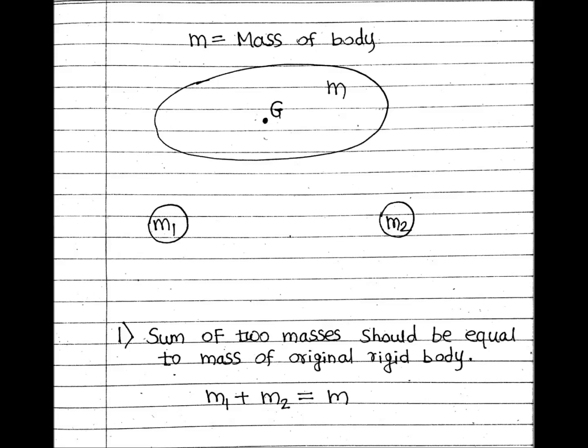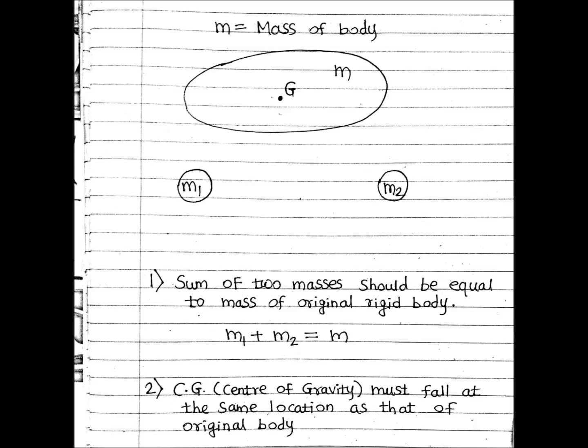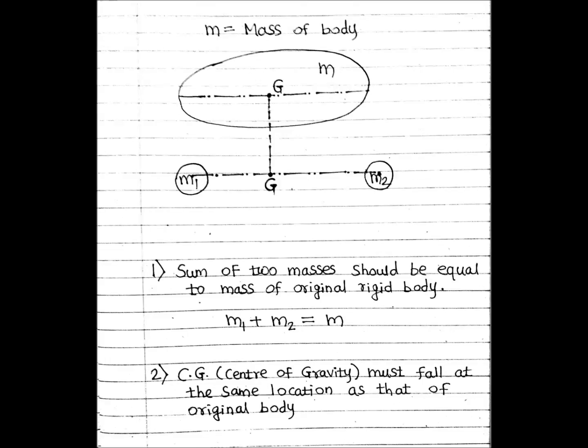So the first condition will be m1 plus m2 equal to m. Second condition is the CG, that is center of gravity, should lie at the same location as that of the original body. So whatever CG the two mass system will have, that CG should be at the same location as that of the original body.